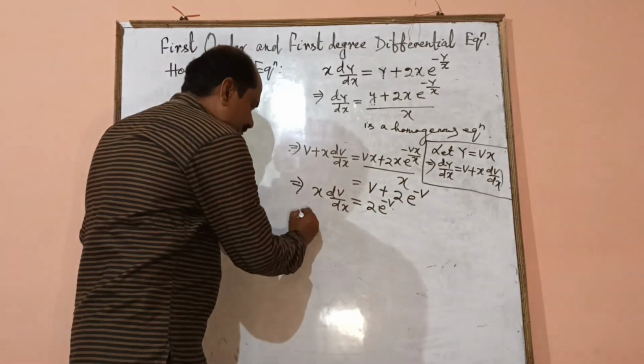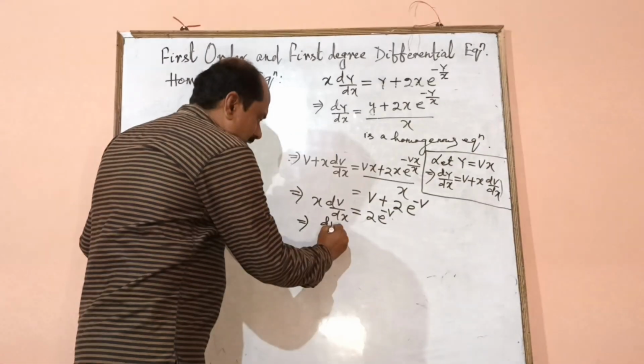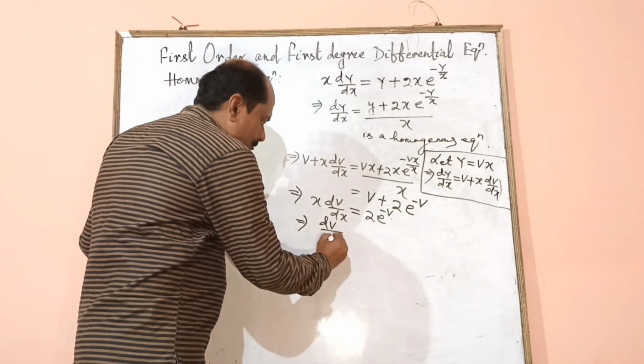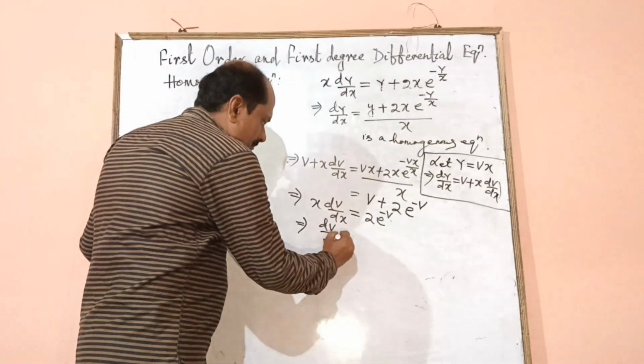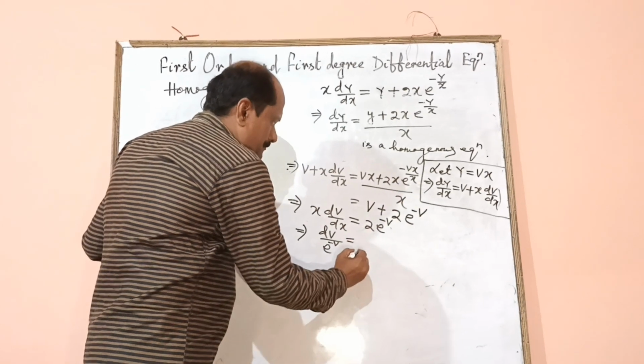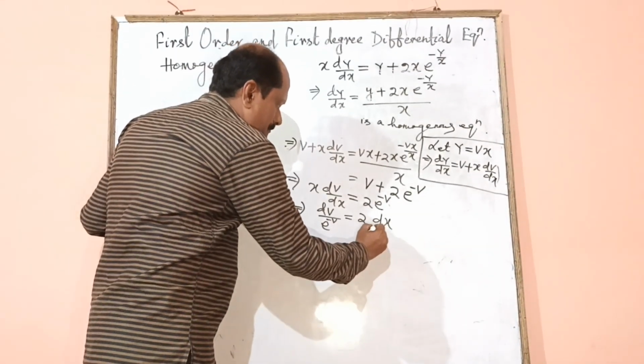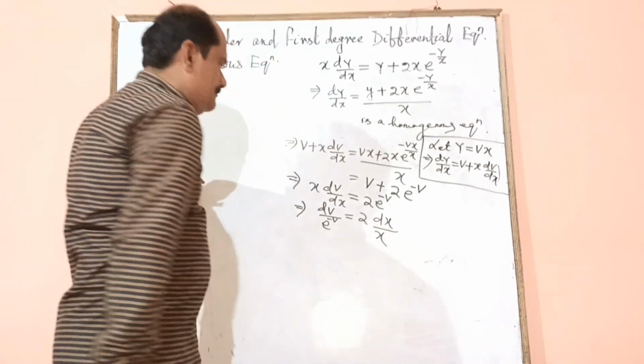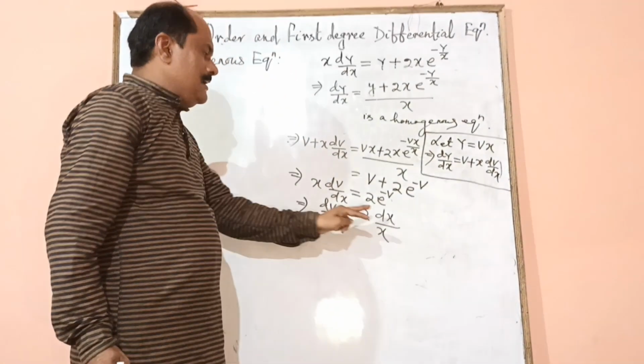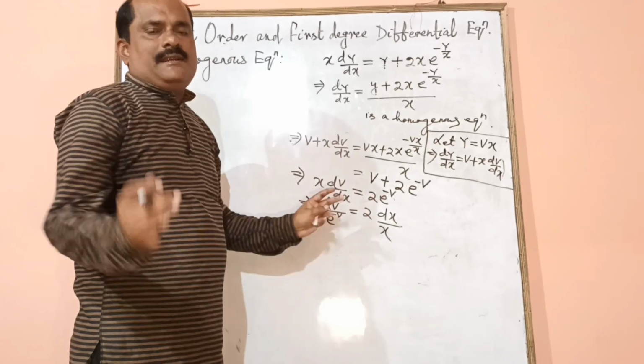This implies dv/e^(-v) is equal to 2 dx/x. The function of v with dv and the function of x with dx are separated.